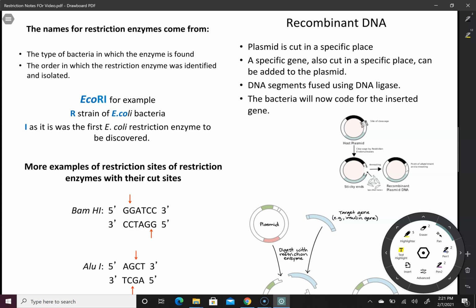And it's the R strain, so that's the R. And then the I means it was the first one to be discovered, so EcoRI. Some of these might have a 3 or a 2, and it all depends on when they were discovered. So EcoRI came from the E. coli bacteria, R strain, and it was discovered first.